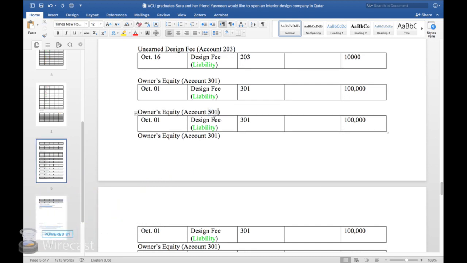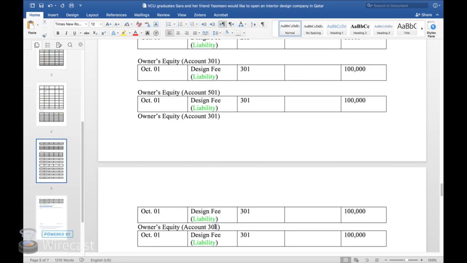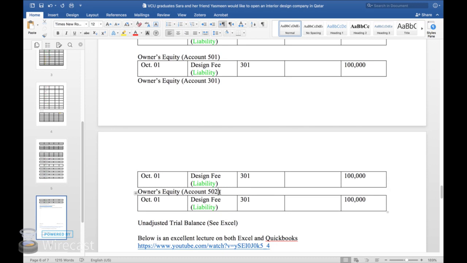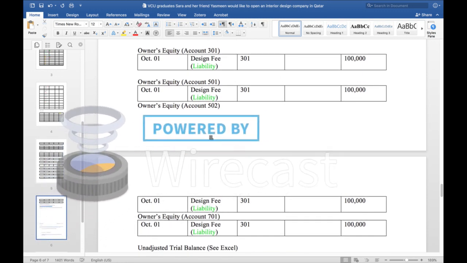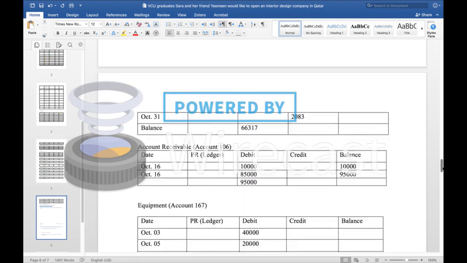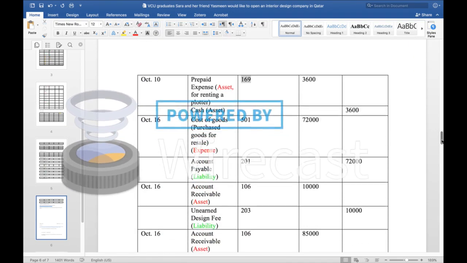I'll go back and check what they are. 502. 701. We need to change the name and the date, all of that. Okay, let's just go back. Hopefully I have a good memory.